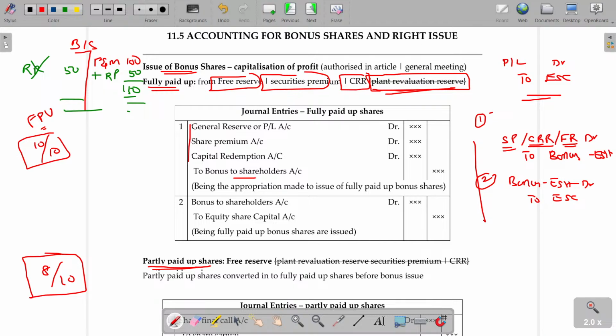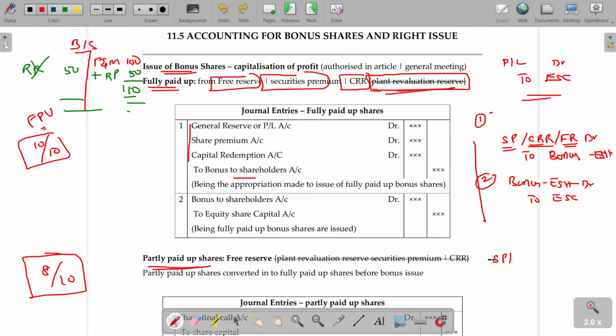I convert the partly paid up share into a fully paid up share without collecting the money from you. It is again a bonus issue, conversion from partly paid up to fully paid up. So, what is the journal entry? Securities premium, a free resource account, debit to equity share capital.